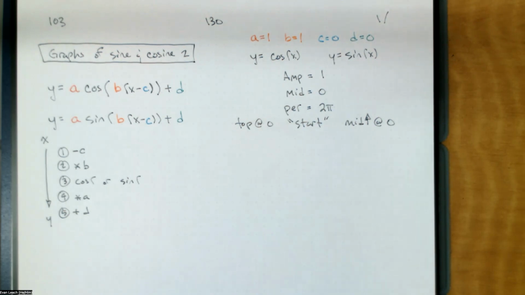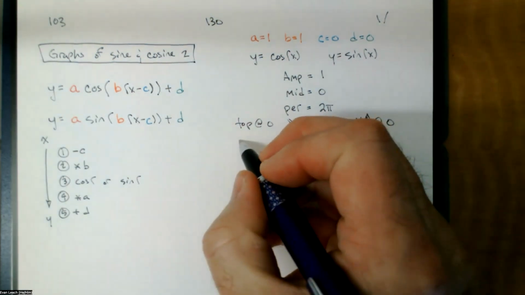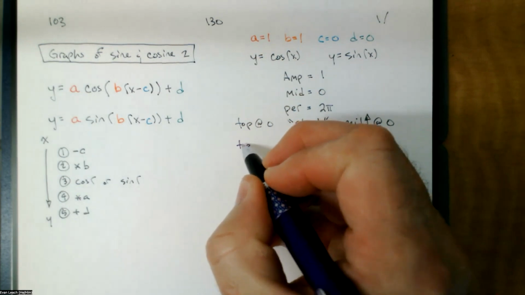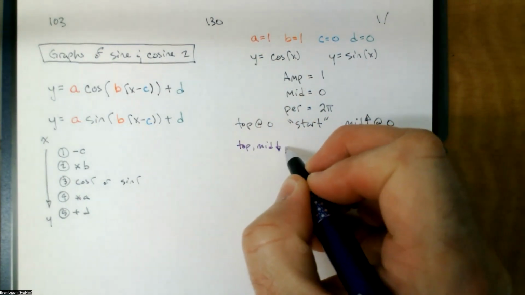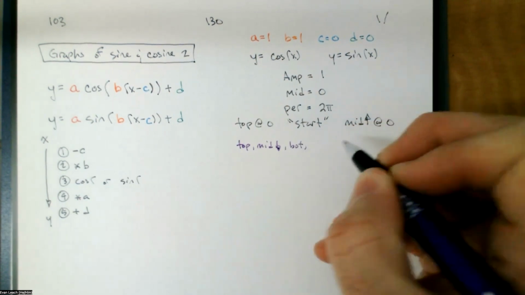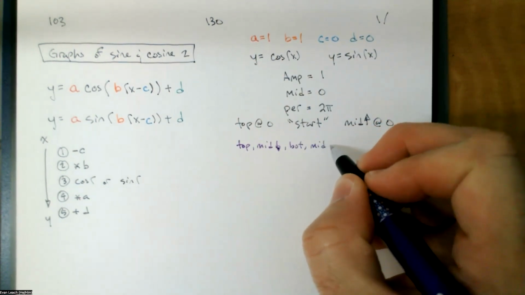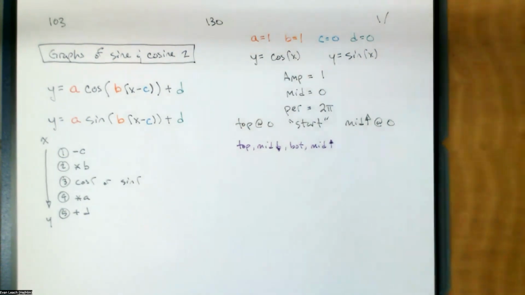Remember, our sequence of points was top, middle going down, bottom, middle going up, repeat. Also remember that each of these is 1/4 period apart.